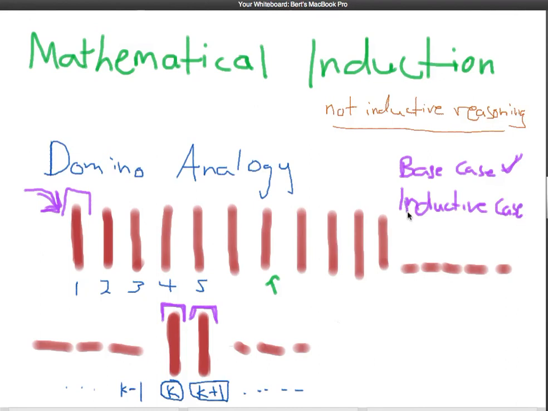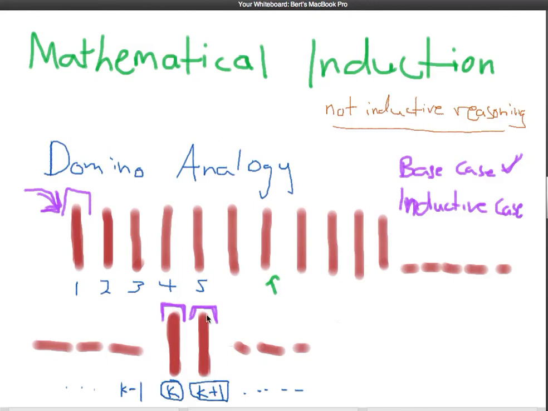What I have to do here is, you'll notice that I've made an assumption about k. I'm saying, look, suppose k has fallen over. Then I can say that k plus 1 has fallen over as well. So I'm making an assumption about k, and then I'm saying that something follows about k plus 1.